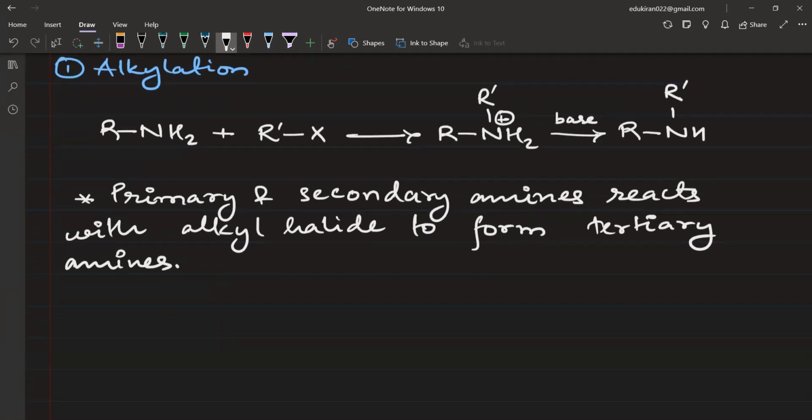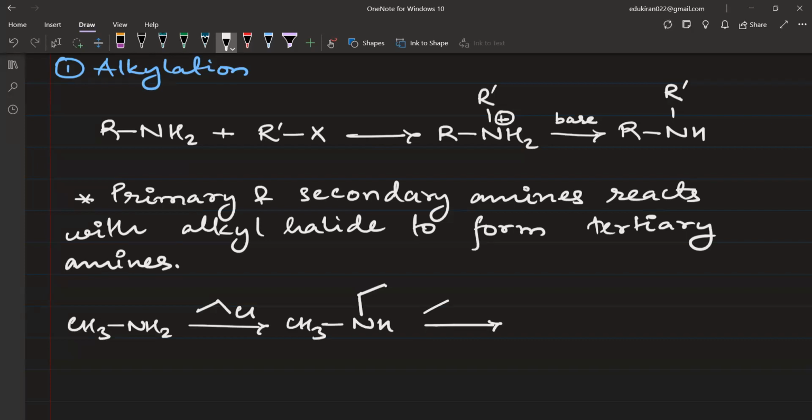Okay, so for example, you have CH3NH2. You react this with 1 carbon, 2 carbon, and Cl. You have chloroethane. So what you are going to get is CH3NH. अब हम ऐसे लिखेंगे तो I hope all of you are understanding this. That this is 1 carbon atom, 2 carbon atom.